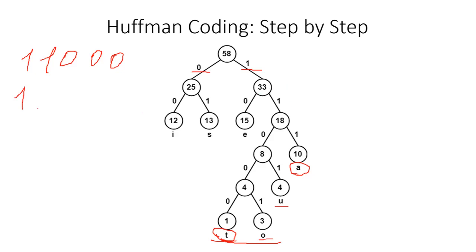Then we again go to the right, then again to the right. Meanwhile, let's take I. To reach I, we go to the left, so it's 0. Then we go again to 0.